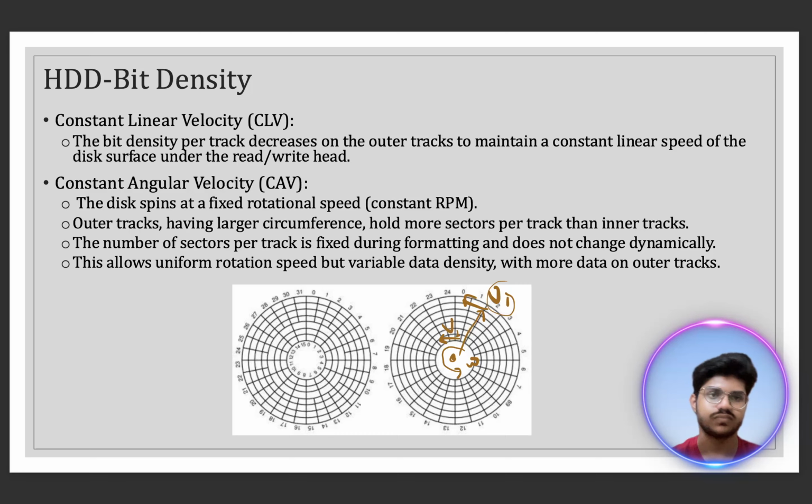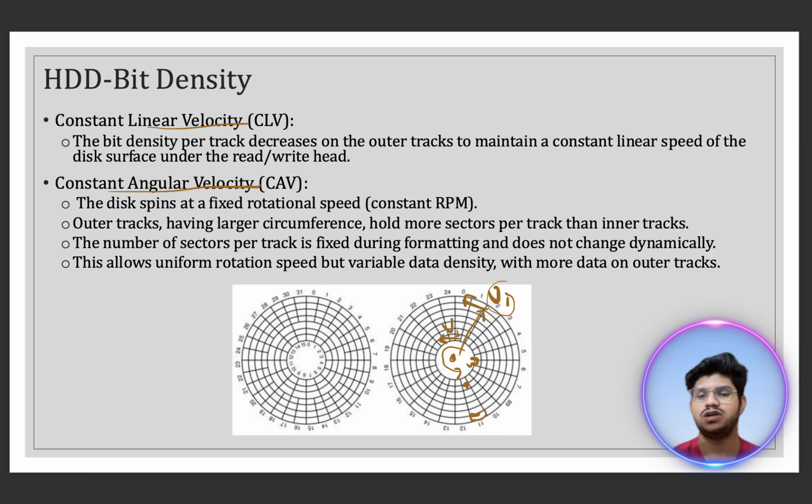So the bit density can be represented in both ways, that is, with constant linear velocity and constant angular velocity. There are two parameters by which you can represent the bit density. The sectors near the center are small, but the sectors near the outer surface are quite large.